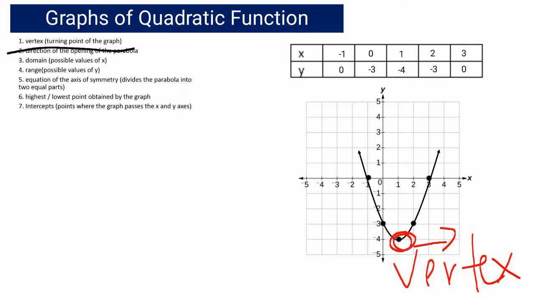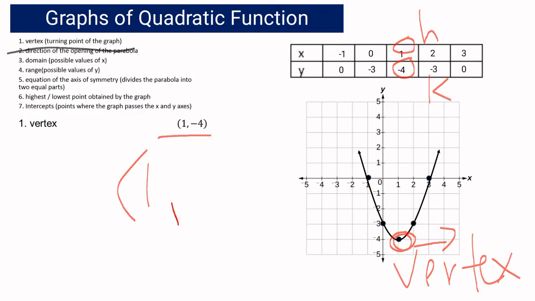Again, our vertex is 1 and negative 4. The coordinates of 1, negative 4. And if you are going to look at here, again, this is the value of h and this is the value of k. So the vertex actually is the coordinates of the values of h and k.